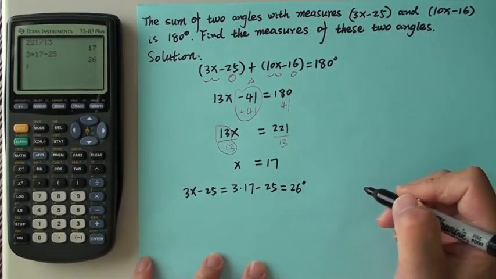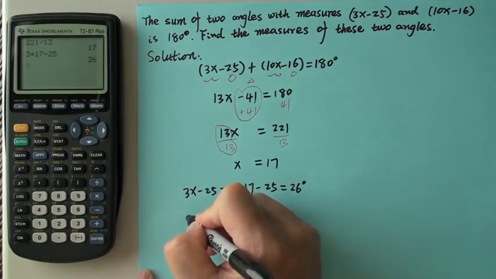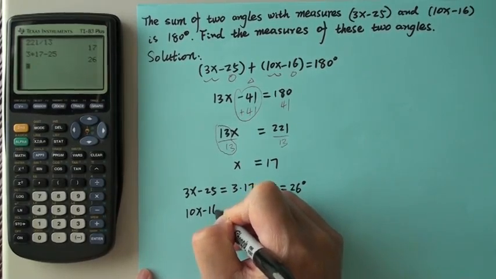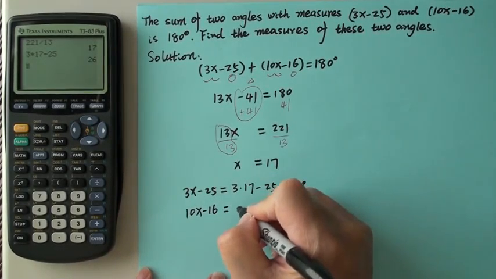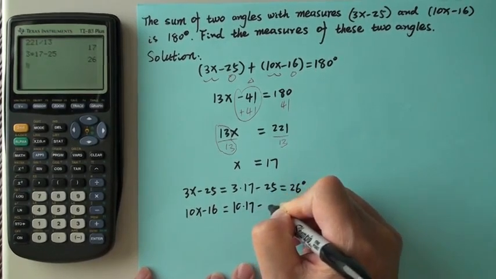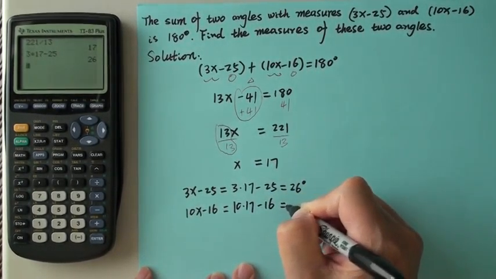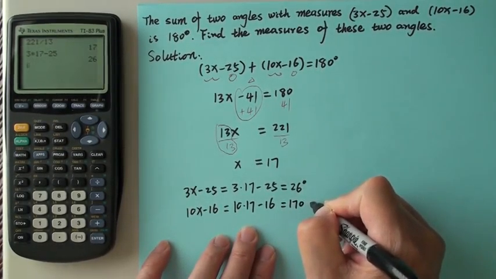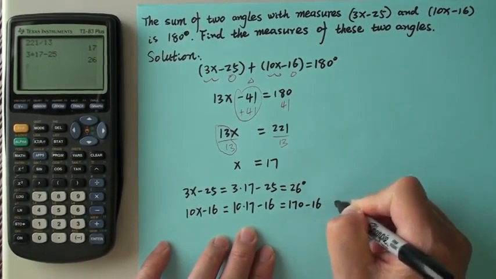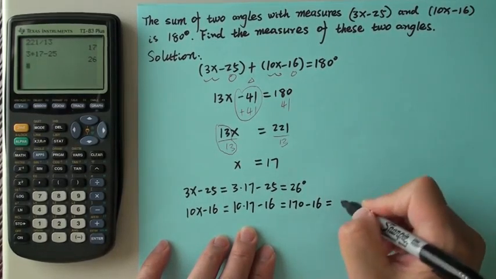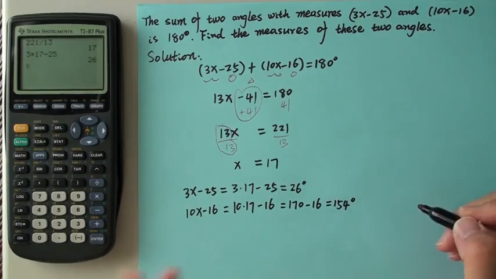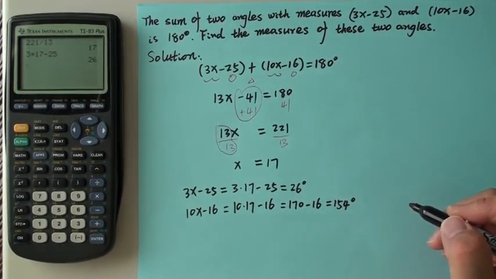Okay. Another is 10x minus 16. You will have 10 times 17 minus 16. 10 times 17 is 170, minus 16, and the answer is 154 degrees. You may also use your calculator.